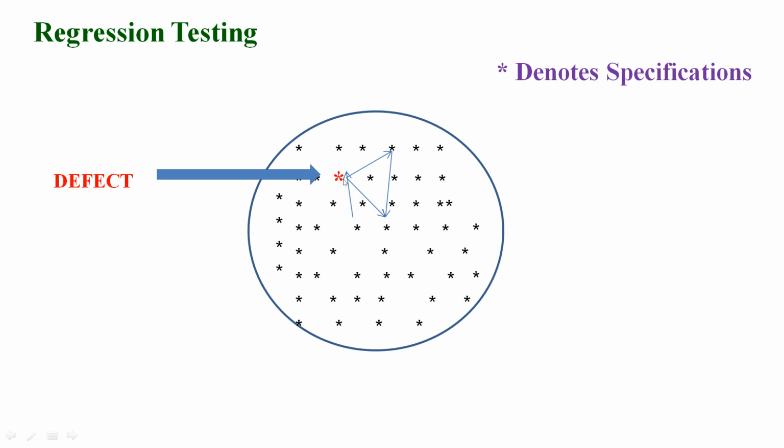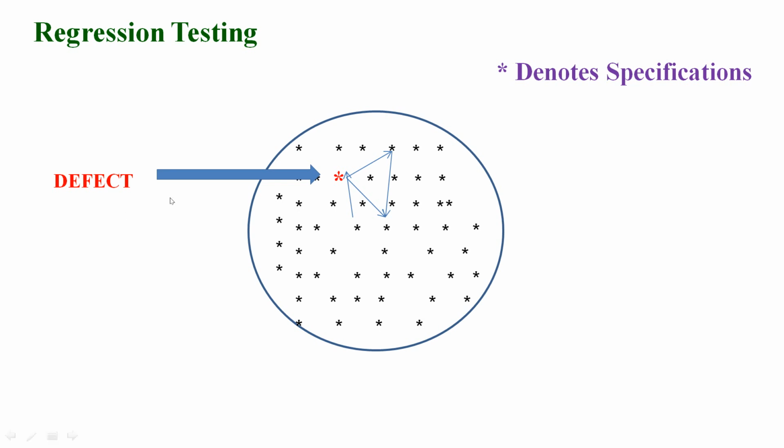So now what you are supposed to do is, the software test engineer has to test this functionality and this functionality along with this functionality. Because there is a dependency, there should not be any disturbance on these functionalities, right? This testing is called regression testing.